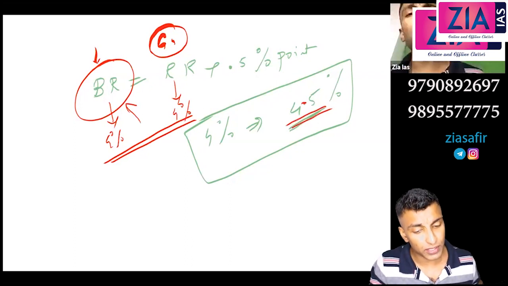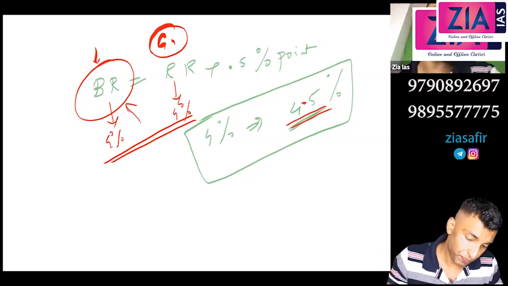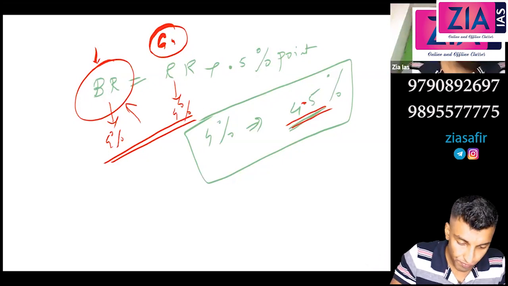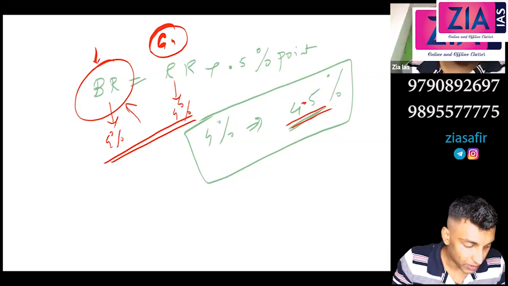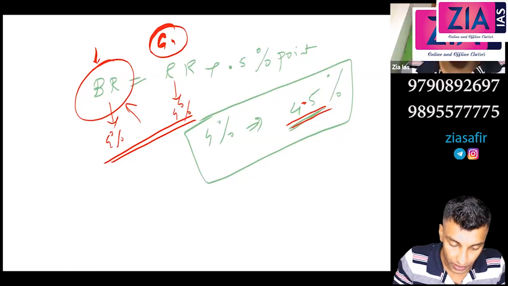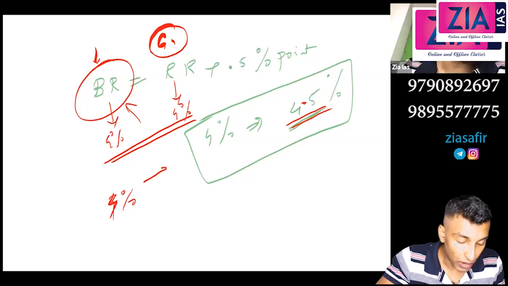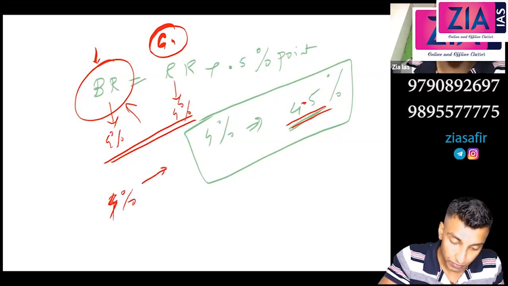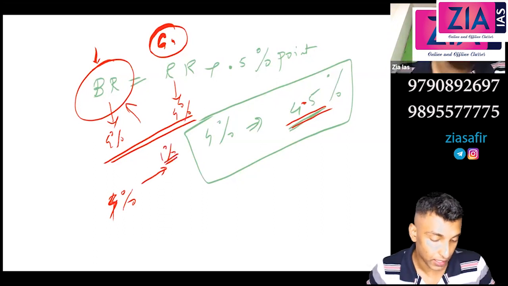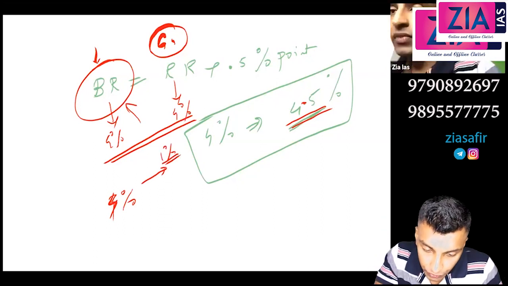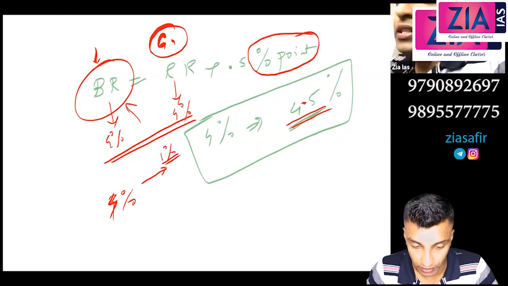What is the difference between percentage and percentage point? Let's suppose I'm saying CRR is 4%. If I'm saying percentage, what is 1% of this 4? Here, if you see, I've told you percentage point.